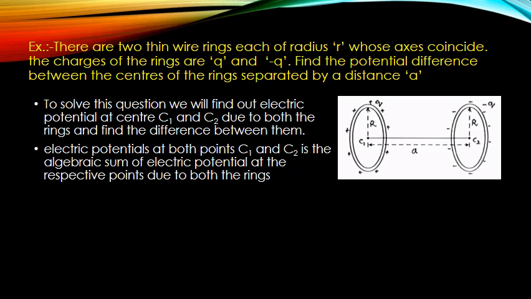As we know, electric potential at point C1 is equal to the sum of electric potential due to the first and the second ring. Similarly, at C2 the total potential is equal to the sum of electrostatic potential due to the rings with positive and negative charge. Let us proceed with the solution.